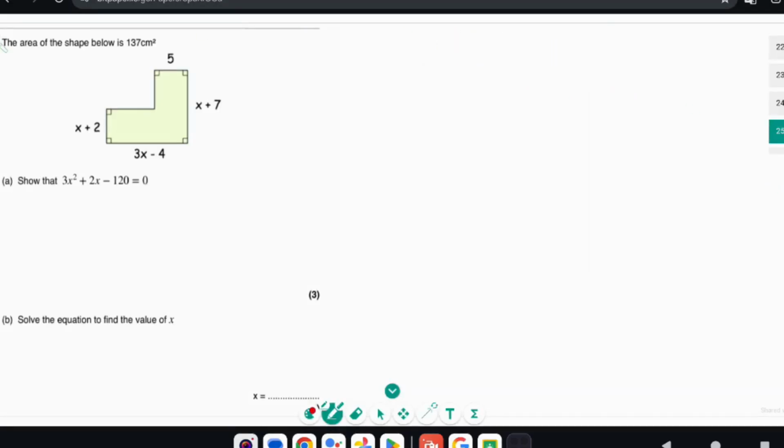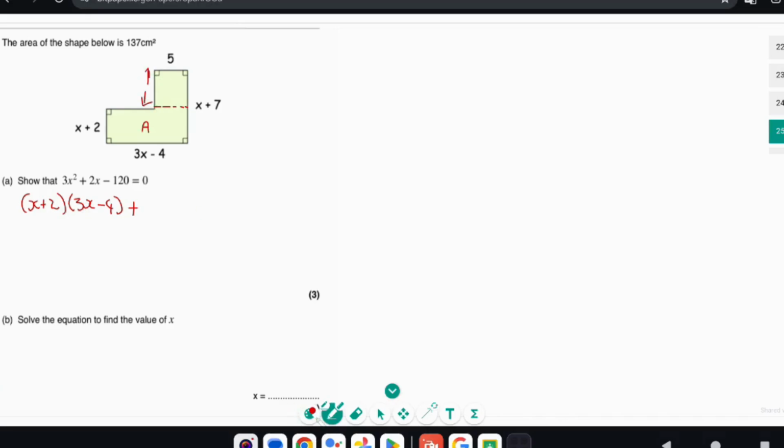Again, have a go, put me on pause and play when you're done. So we've got the area of the shape below is 137 centimetres squared. Well, to find the area, split it into two rectangles. I'm going to split it like this. So the area of A is x plus 2 multiplied by 3x minus 4. Now the area of the top bit, what's the height?